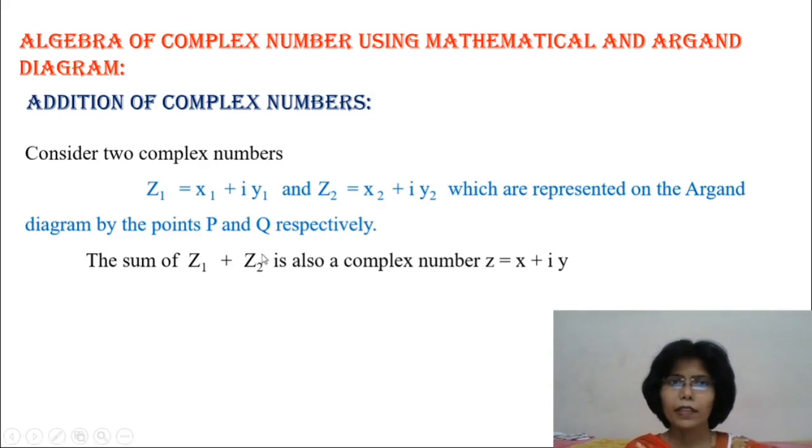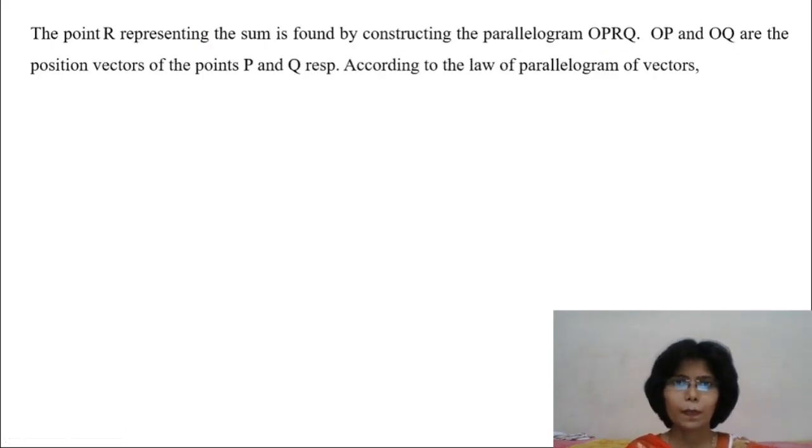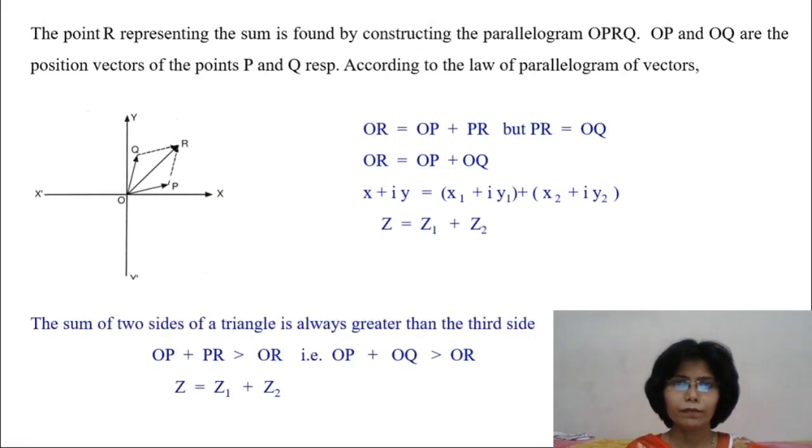The sum z1 plus z2 is the complex number z equal to x plus iy. Now here the point R represents the sum, which is found by constructing the parallelogram OPRQ, where OP and OQ are the position vectors of the points P and Q respectively.